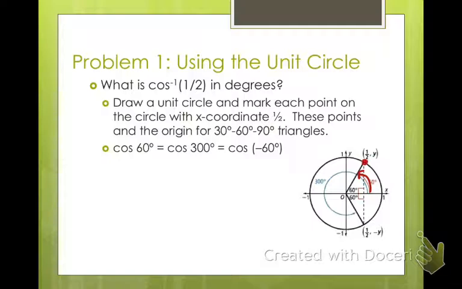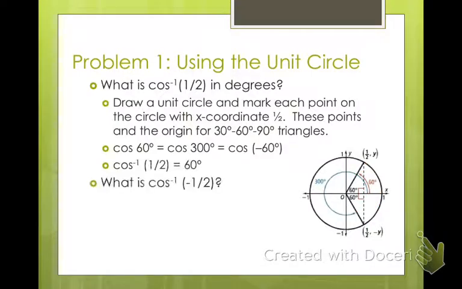To get this other value, we have to go all the way around the circle to here, and that's a value of 300 degrees. Or you could also go backwards 60 degrees. Remember, negative direction just means go around the unit circle the opposite way. So all three of these values represent the same thing. So it's just 60 degrees.